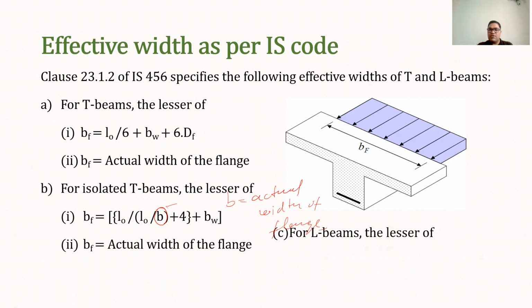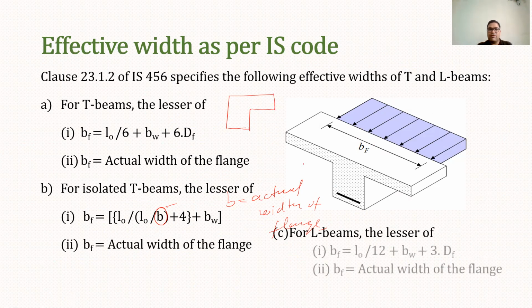And for an L-beam, like this, we will calculate the width of flange as follows. Here this will be BF. So this will be L naught by 12 plus BW plus 3DF.